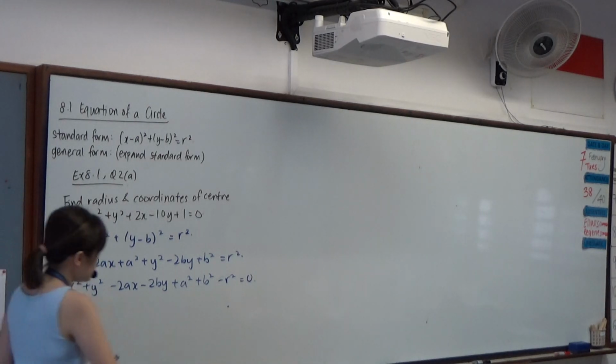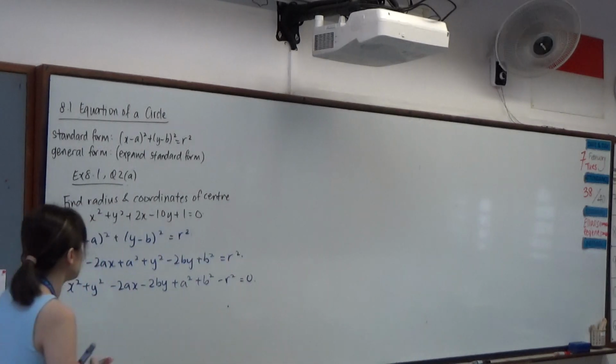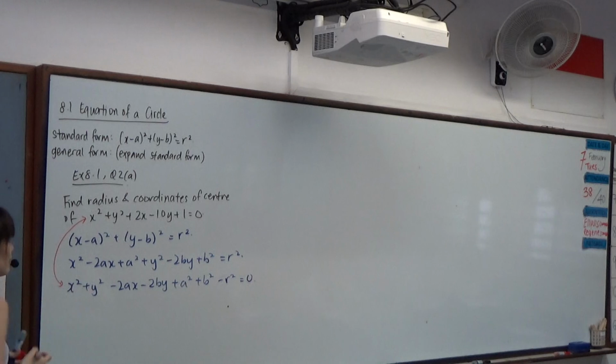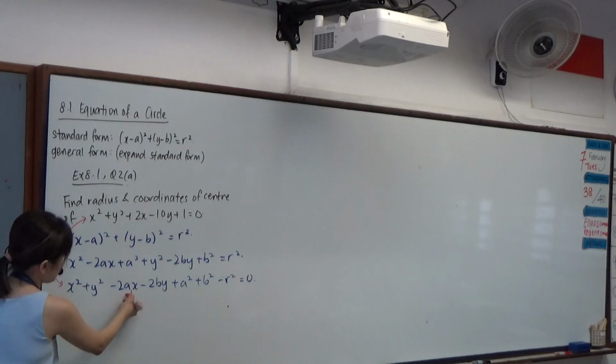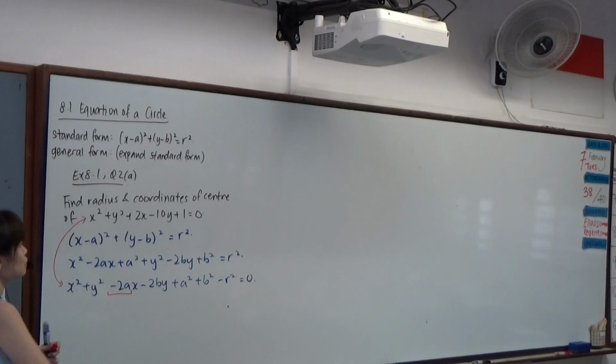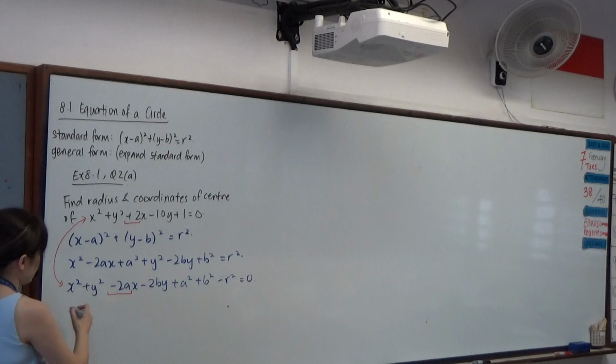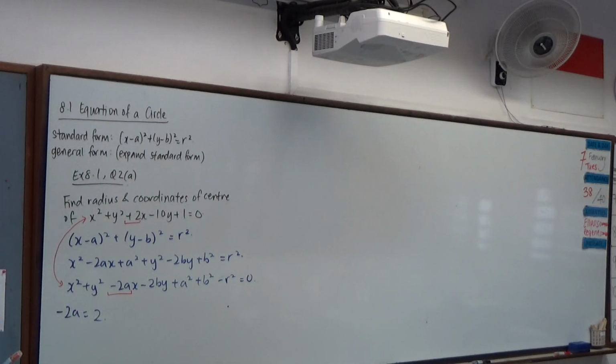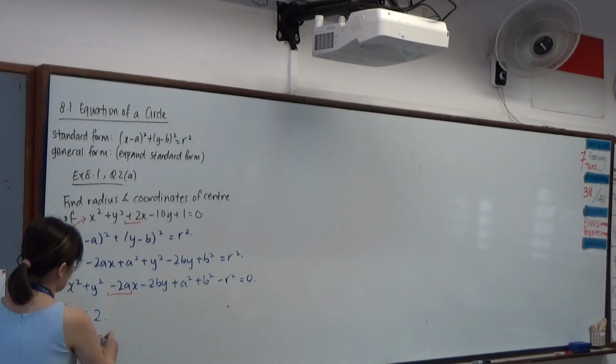Then at this stage, we compare the given equation with our expanded form. We see that the coefficient of x is negative 2a, and this is plus 2 over here. So by comparing, negative 2a equals 2, and hence a equals negative 1.